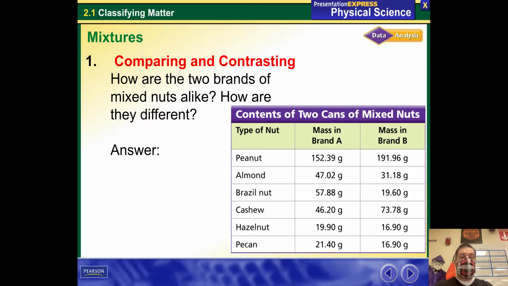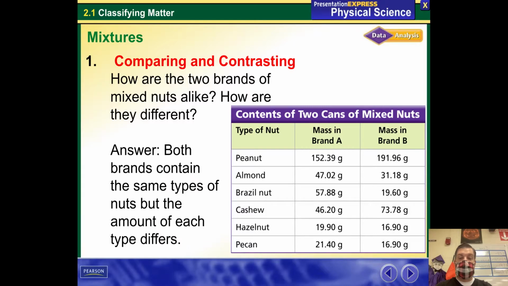So brand A has less peanuts than brand B. Brand A has more almonds than brand B. Brand A has way more Brazilian nuts than brand B. Brand A has less cashews than brand B. Brand A has more hazelnut than brand B. And brand A has more pecans than brand B. Okay. Both brands contain the same type of nuts, but the amount of each type differs.